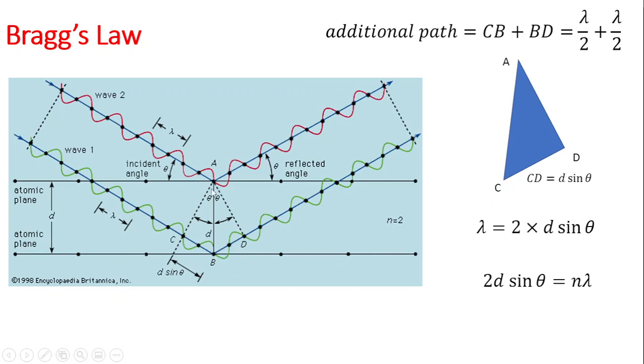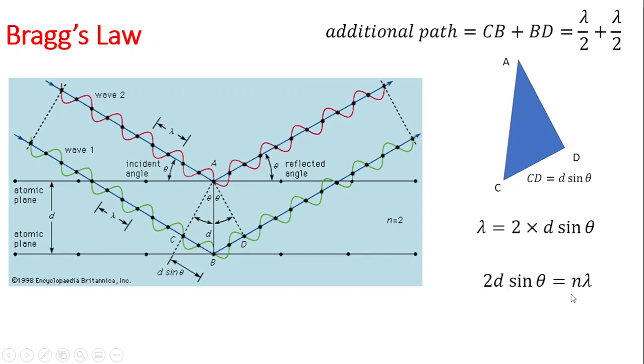Also, from this right triangle, the distance BD in terms of the atomic plane distance is d sine theta. So if you substitute that, you get that the additional path length traveled is lambda, which is equal to 2 times d sine theta. This has been generalized to 2d sine theta equals n lambda, which is known as Bragg's law.